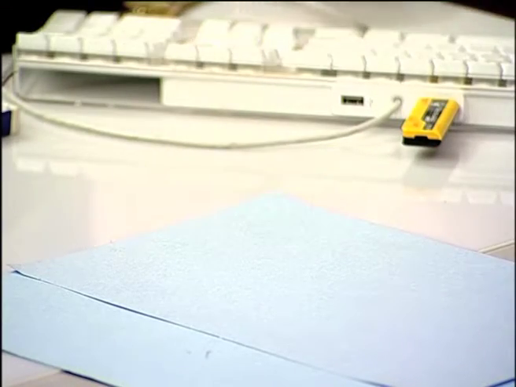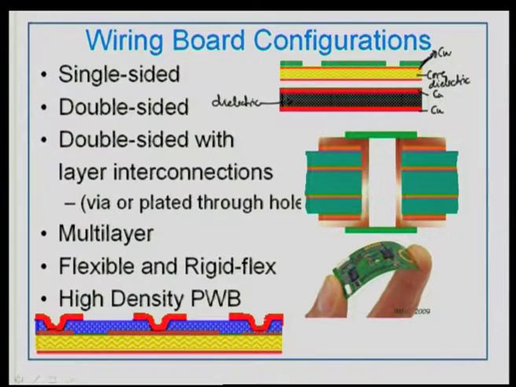Then you can have a double sided board with layer interconnections using vias or plated through hole. If you look at this picture here, this is copper, and this is also the inner layer copper. So, this is added copper, this is original copper.